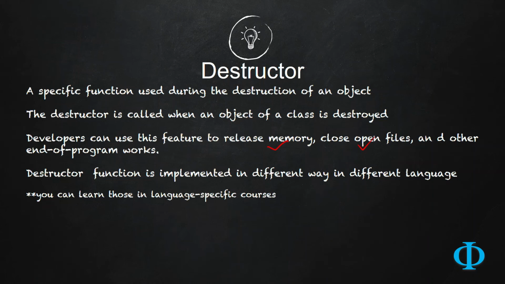So that's why we are not going to learn about some specific characteristics of destructor that you will learn in the language specific courses, but in this slide I just wanted to give you the idea that it is possible to exactly track down when the object is being destroyed or the object is cleared out from the memory, and at that point of time, by means of some kind of destructor function, you can do some end of the program work also.